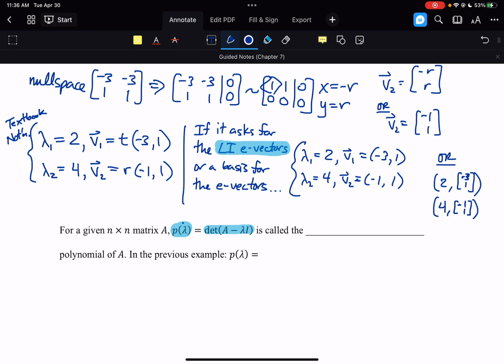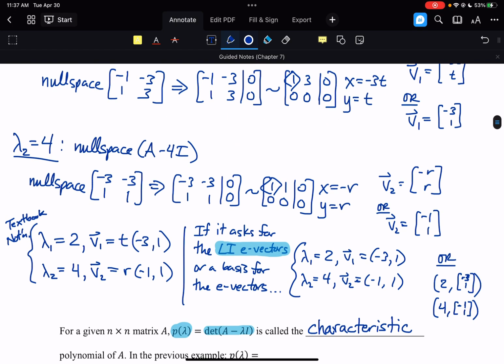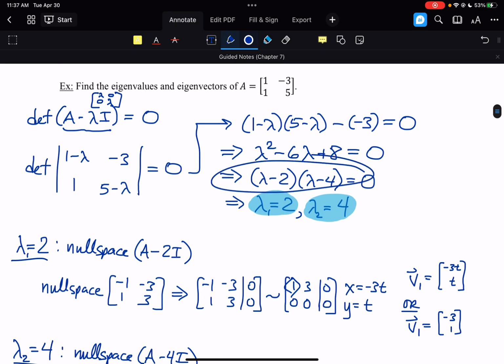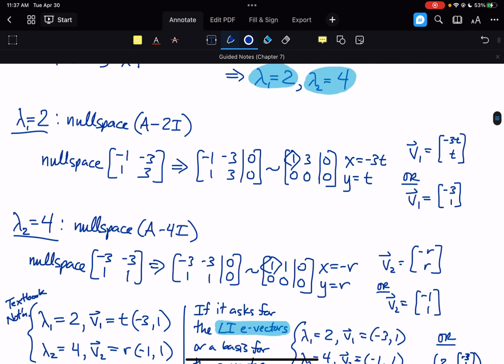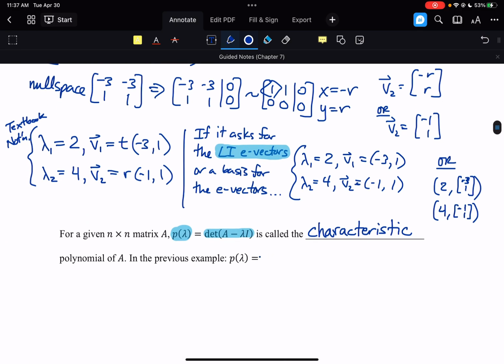This notation, P of lambda, is called the characteristic polynomial of A. The characteristic polynomial essentially just gives us the formula, the one that we have right here, for all of the eigenvalues. So in the previous example, P of lambda would be lambda minus 2 times lambda minus 4. So this would be the characteristic polynomial for this matrix.